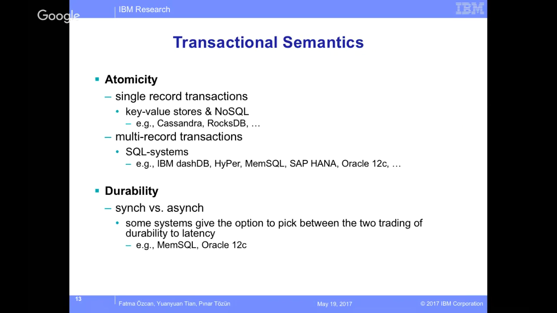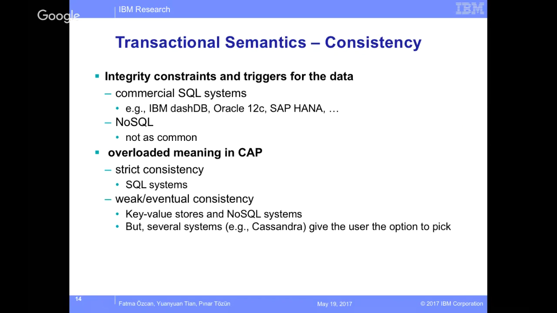So that's the real point here. But batching is orthogonal. A lot of the systems allow batching because then they can do more inserts per second. And for durability, I think we talked about this, some of the systems give you the option of trading durability for latency, like MySQL. Do you flush the log to disk synchronously or asynchronously? You can choose. And I think we also covered most of this.